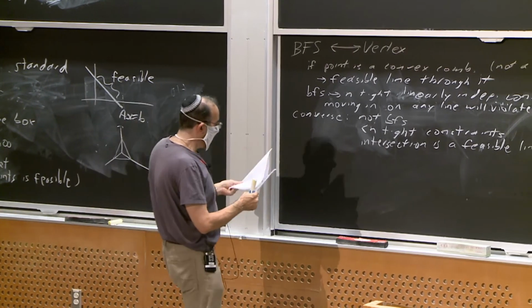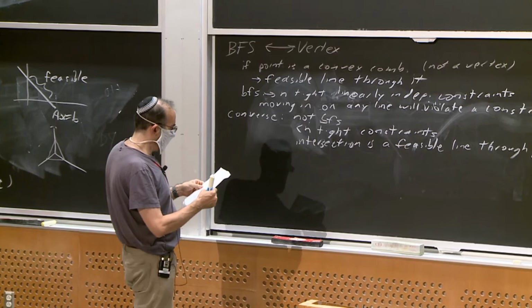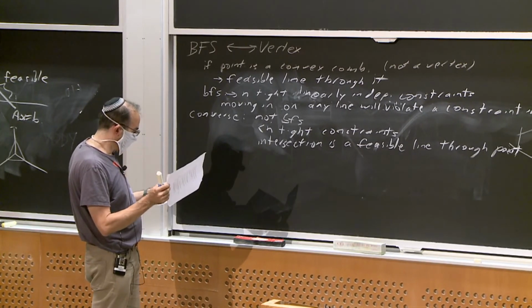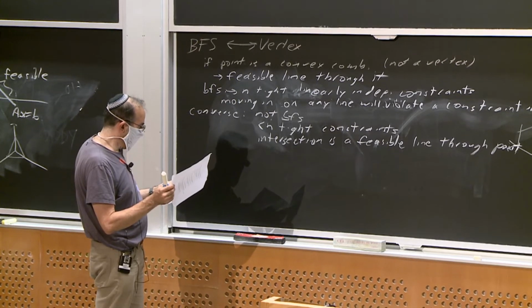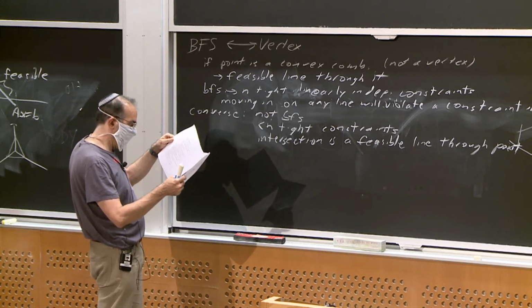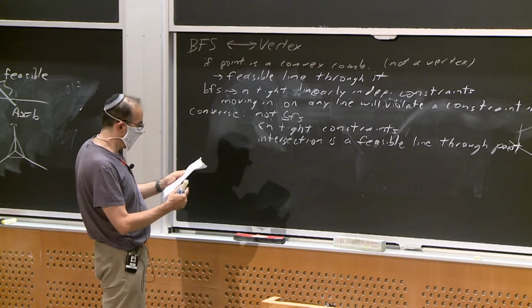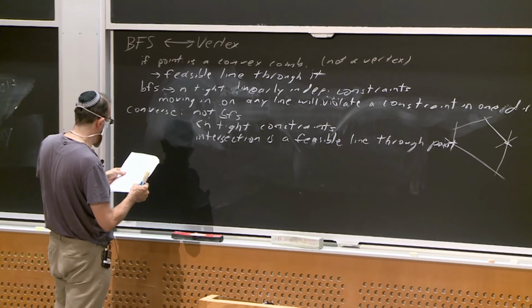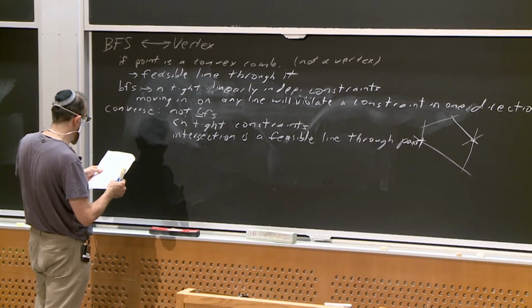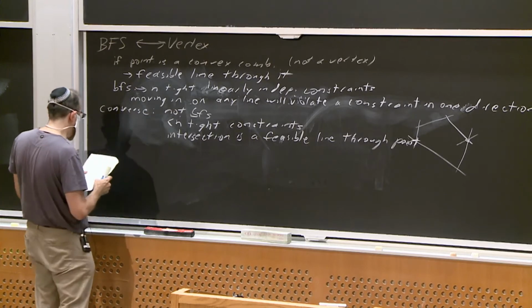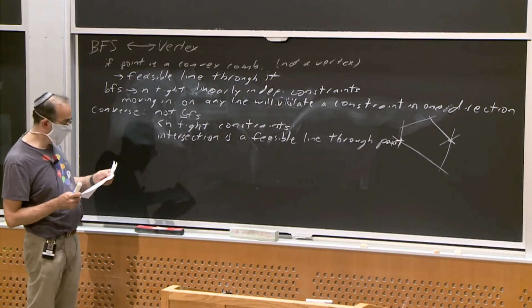Okay. The last one is the extreme point. Sorry, my notes got a little scrambled here. So remember, an extreme point is a unique optimum in some direction.